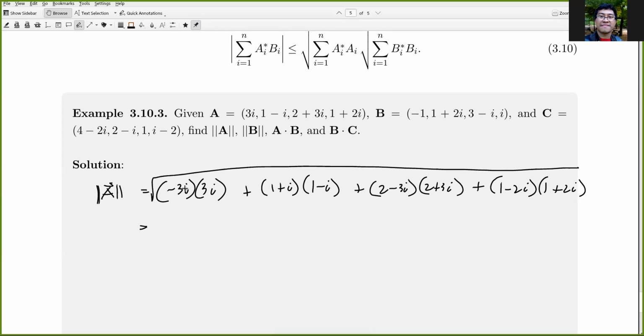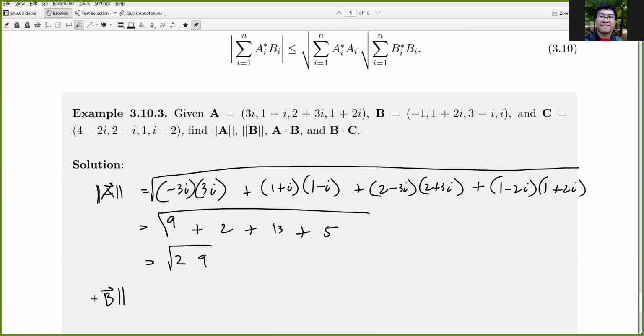This would be minus 3 times 3i, so that's 9. 1 plus i, 1 minus i, that's 1 plus 1, so that would be 2. Or this becomes 2 times 2, 4, plus 3 times 3, 9. That's 13. 1 plus 4, that's 5. So the norm of A would be 29.